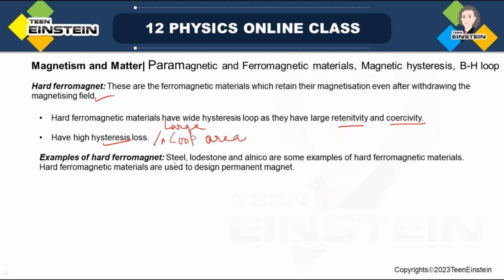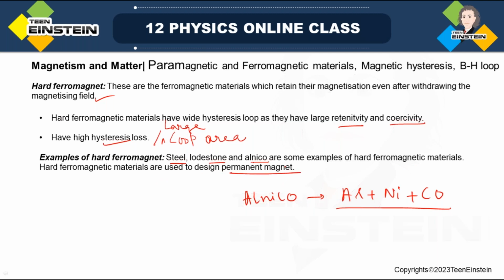Examples are steel bar, lodestone, alnico. Alnico means an aluminum, nickel, and cobalt alloy, which is a hard ferromagnetic material. These hard ferromagnetic materials are used to design permanent magnets.